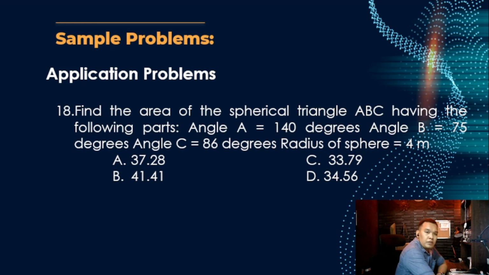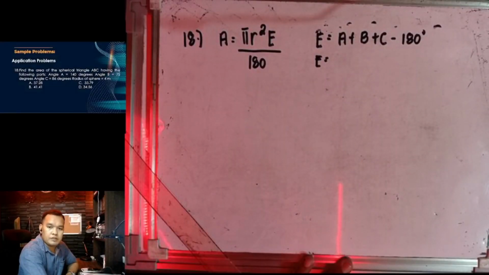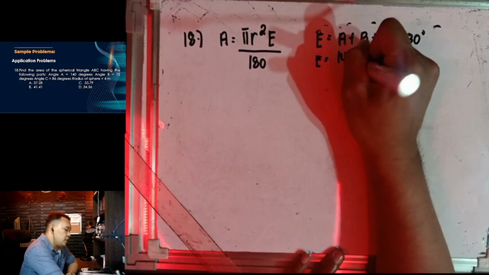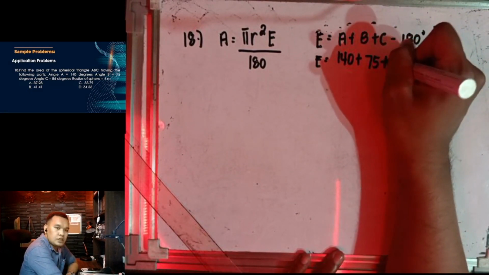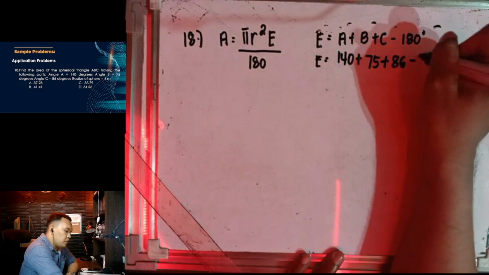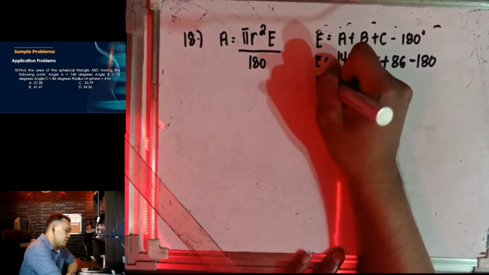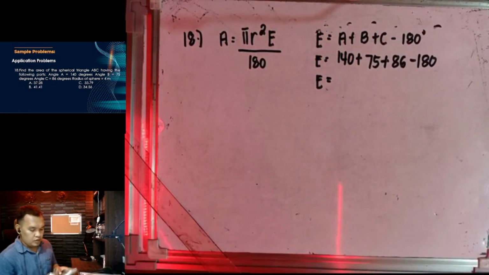Based on the given, we have A, which is 140, plus B, which is equivalent to 75, plus C, which is equivalent to 86, minus 180. So, we could get the value of E here. So, 140 plus 75 plus 86 minus 180.